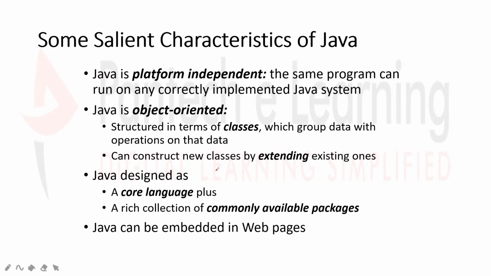Okay, some salient features of Java. First one: if you hear the word Java, most people will say it's platform independent. So what is platform independent? For example, if you are developing code on your PC, and your PC is supported by the Windows OS, we will build Java code on Windows.